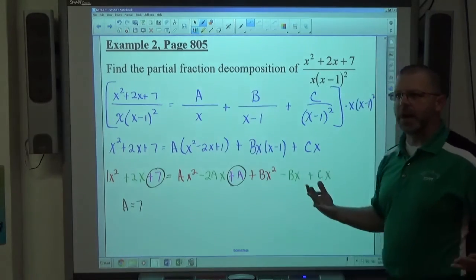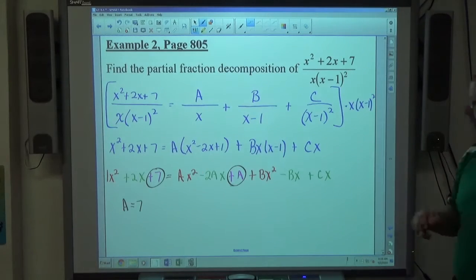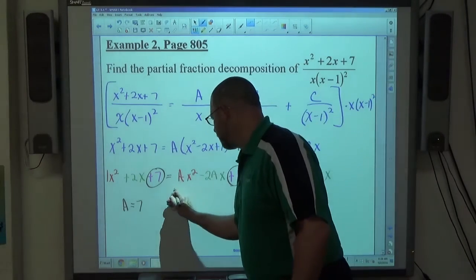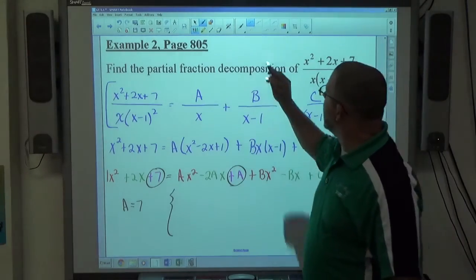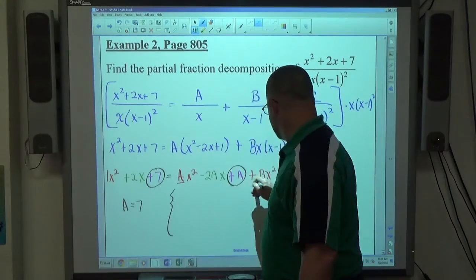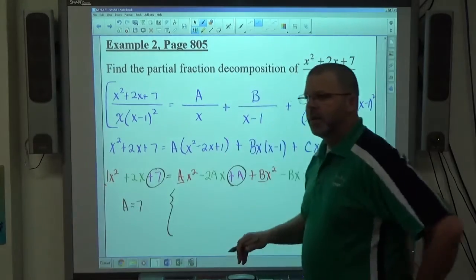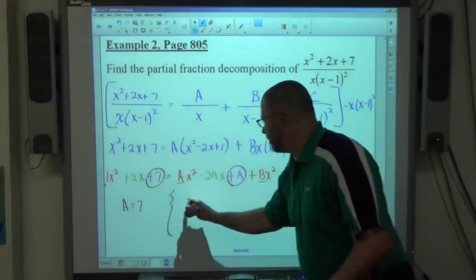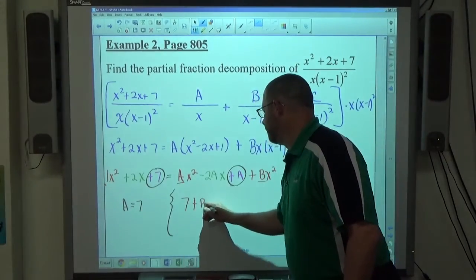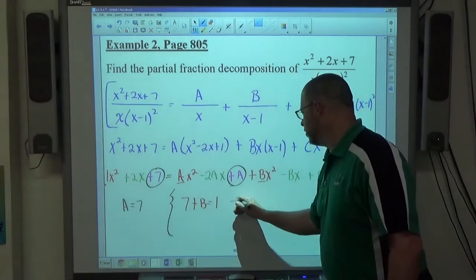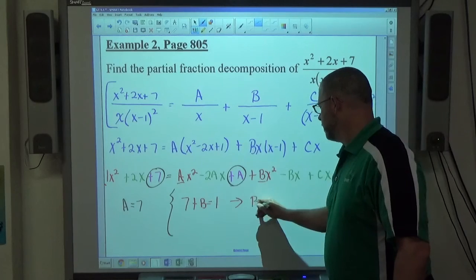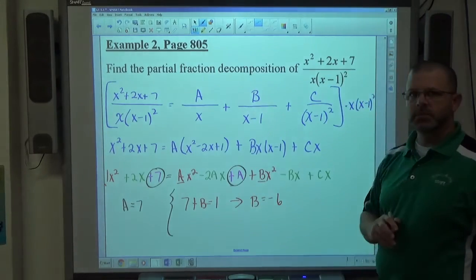So now any fact about A, I can just write 7. If I try and create a system of equations, here's my little brace to create a system of equations. I know that A plus B has to equal 1, right? But we know A is equal to 7, so that means 7 plus B is equal to 1. That leads me directly to B must equal negative 6.